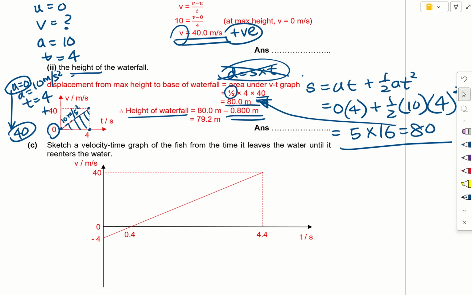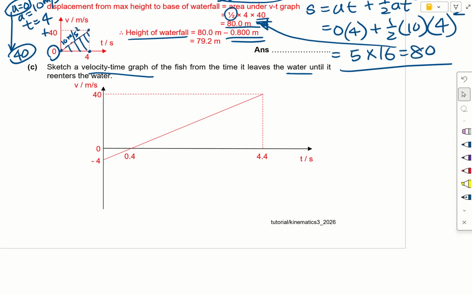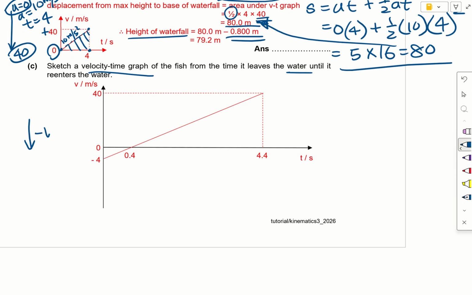So for example, part C, sketch a velocity-time graph of the fish from the time it leaves the water until it reaches the water. If you put downwards as positive, this part of the motion from here all the way to here is positive, all these are downward motion.